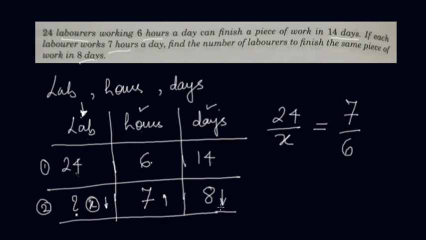If the number of days are going down, that means your number of laborers will go up, because the same amount of work that you need to do in lesser time, the number of people to be deployed are more. And hence, here again it is an inverse relationship, and instead of writing the direct relationship of 14 by 8, since the relationship between laborers and days is inverse, we write it as 8 by 14.